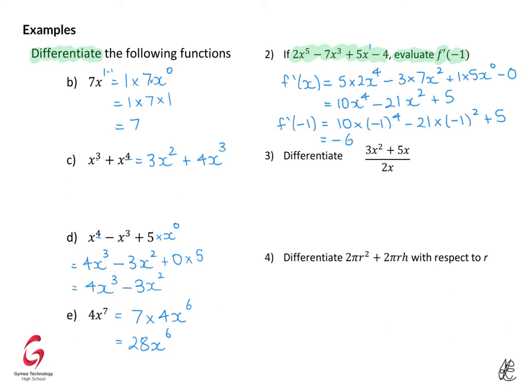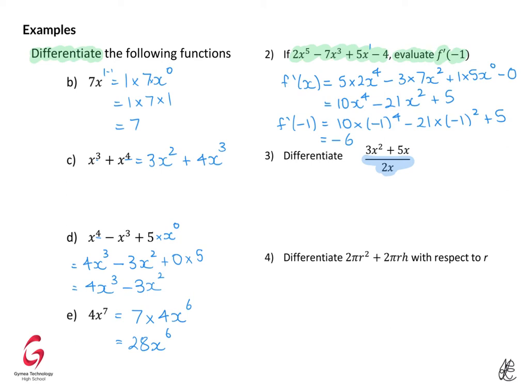Okay, question 3 is a little bit of a problem because we don't have separate terms here that I can easily differentiate. I have this division that's sitting here by 2x, and this is where our index laws are going to come into play.